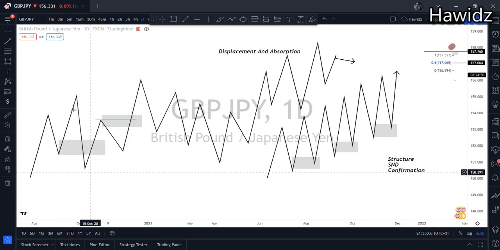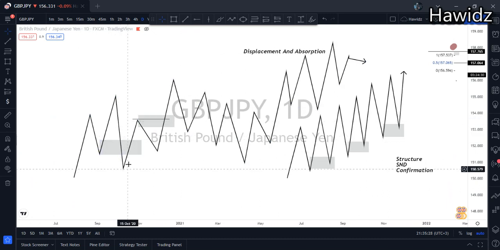So price comes, breaks this zone, but what breaks this zone is a wick. So once price comes here, it breaks and then it returns, leaving a wick, right? And that candle closes above or within this zone. That is absorption, right? So when a body breaks it and closes below, that's displacement.